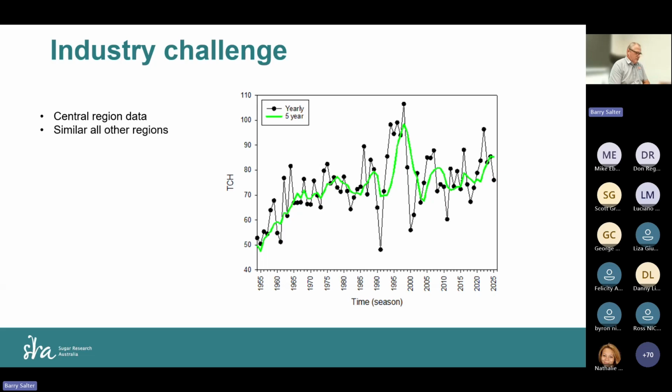Look, you can see this figure that I've got here. This is yield data for one of our regions, the central region around Mackay, and this is yield over time. I think you can all clearly see that there was a period of time when yields were increasing, in the early days of cane production in the region.